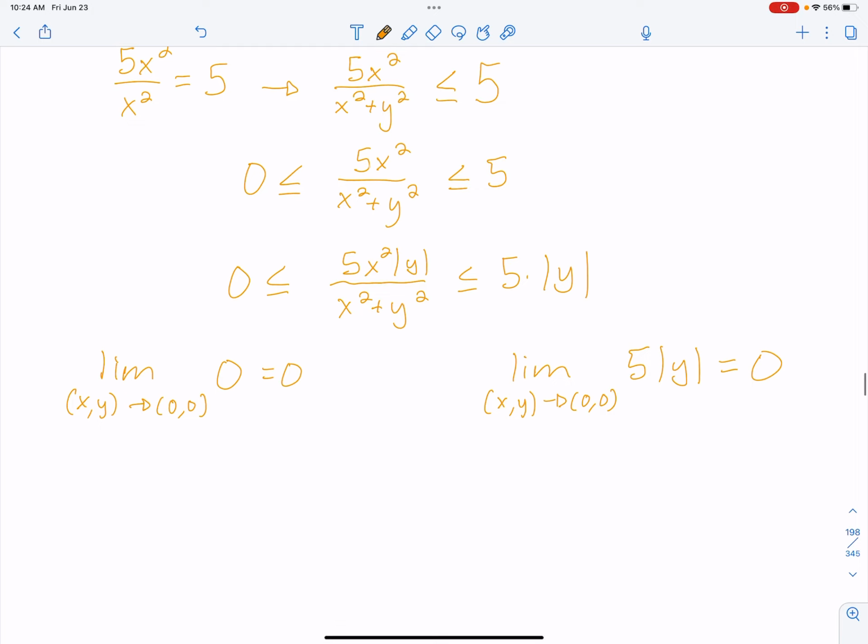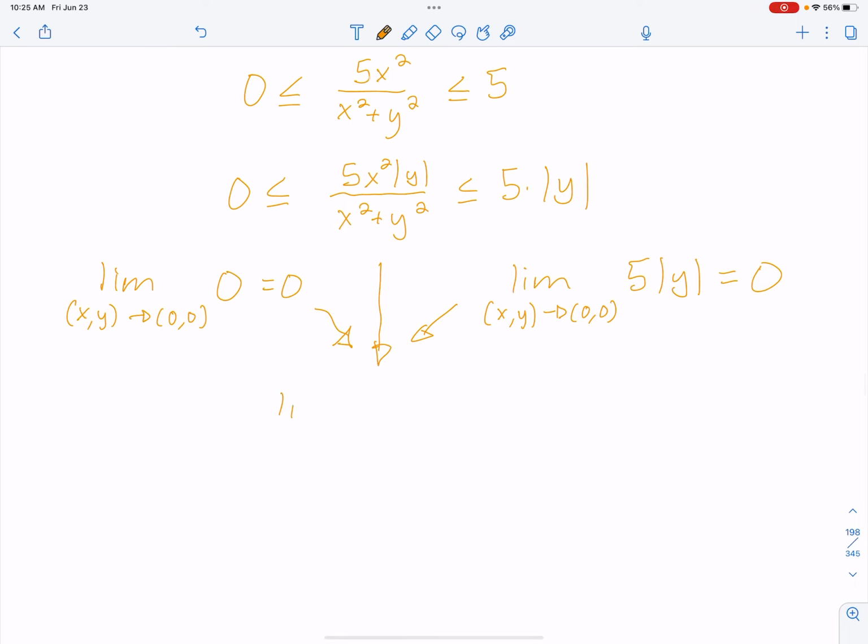And that thing is caught between. That tells me all three of these things imply that the limit as xy goes to 0, 0 of this whole function here, 5x squared times y over x squared plus y squared, is also equal to 0.